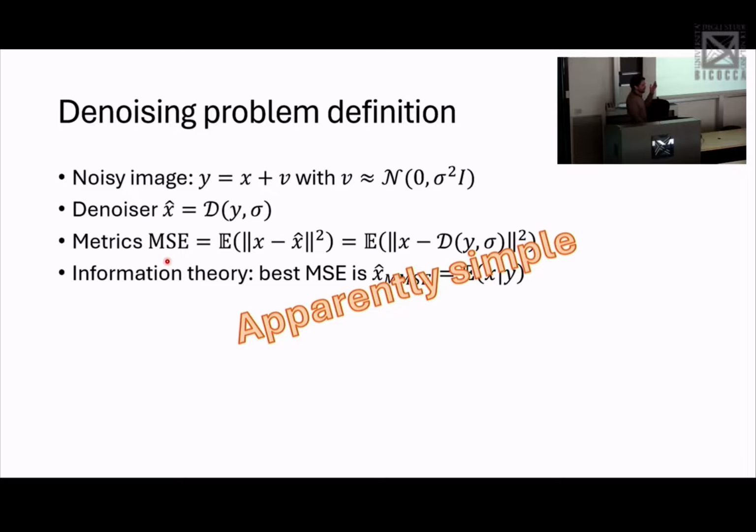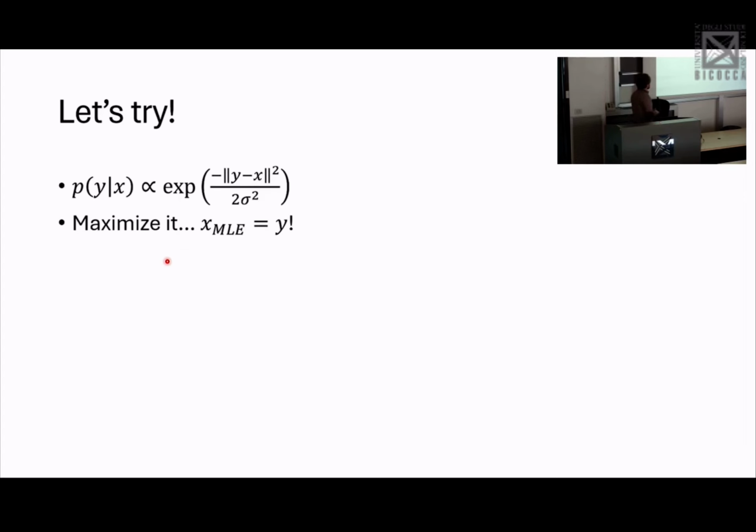Now, this is apparently simple, but if you start thinking about it super quickly, you say, well, what's the expectation of an image? Practically, how do I go about computing it? Now, we can say, OK, we know that the noise is Gaussian.